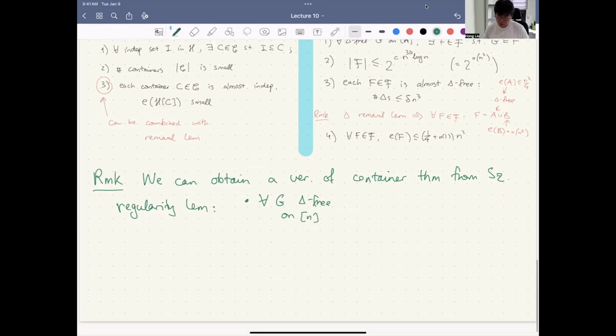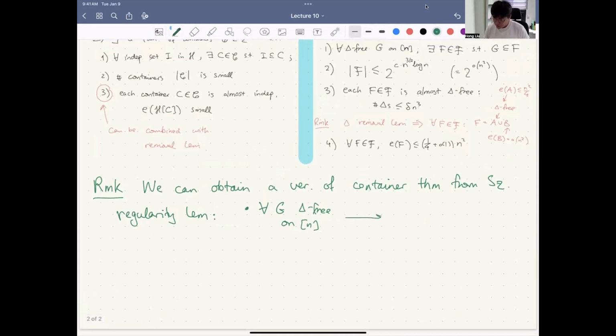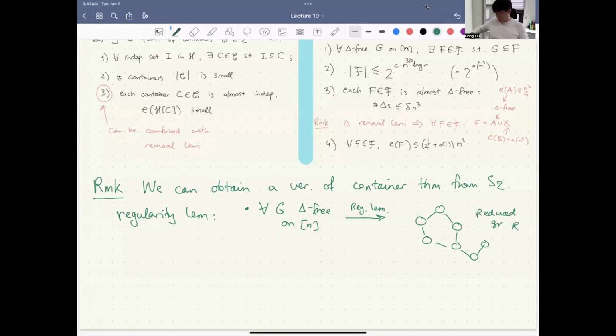Now what we do is we apply the regularity lemma. We get a partition, and this is the reduced graph. Maybe it looks like this. Reduced graph R.